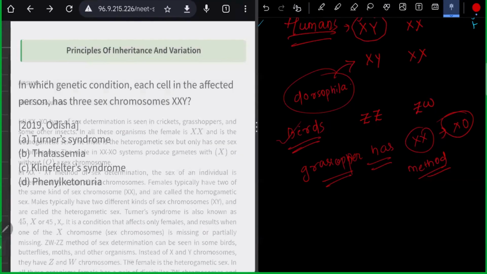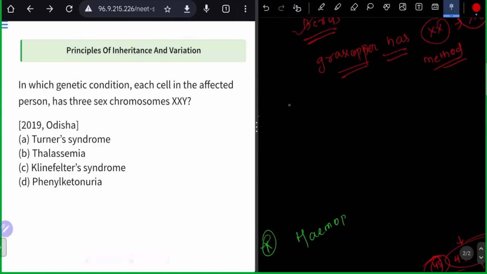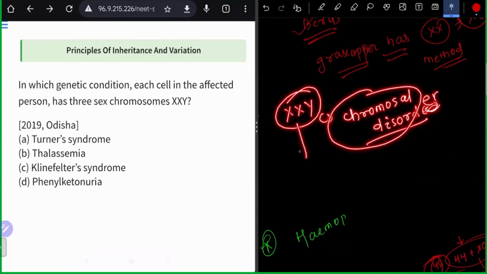So next question we have, in which genetic condition each cell in the affected person has three sex chromosomes XXY? Okay, now I have told you that XXY is a chromosomal disorder in which karyotype is 47.